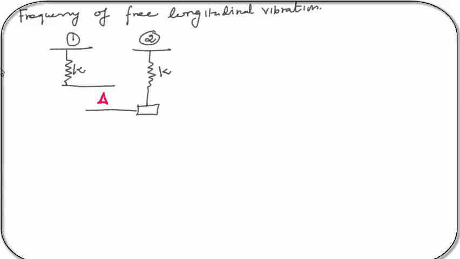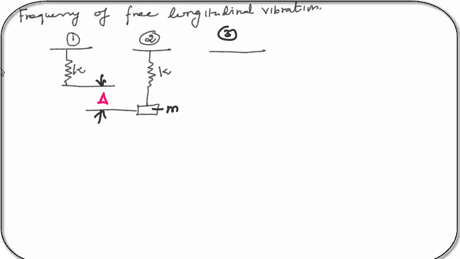So after adding the mass m, the spring has been displaced to a certain distance that we have considered as delta. In case 3, I'm going to induce vibration on that.